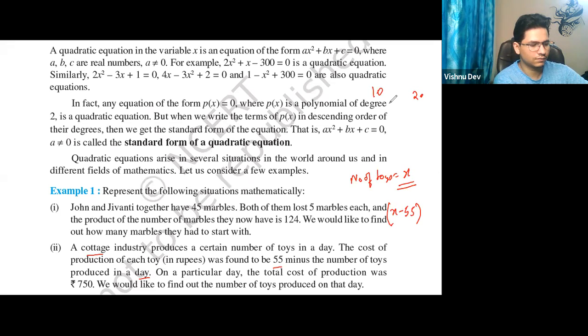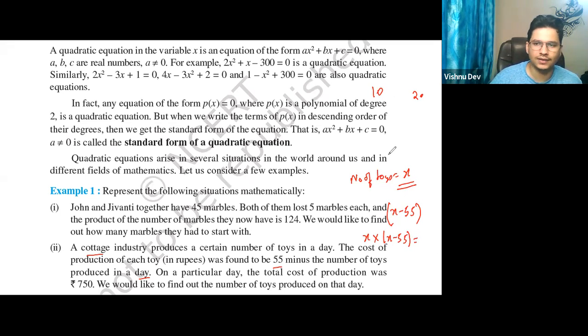200. ठीक है, yes or no? तो बताओ यहाँ पे, अगर number of toys X है और cost is X minus 55, what's the total price? It is number into cost, yes or no? Can you explain once more from starting? Sir, I was disconnected.